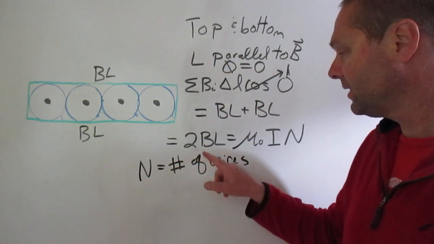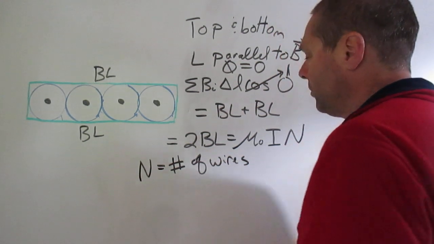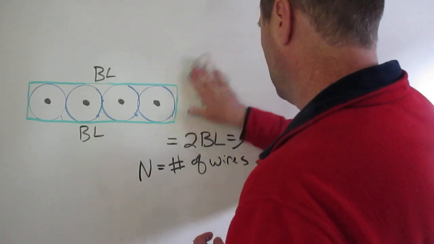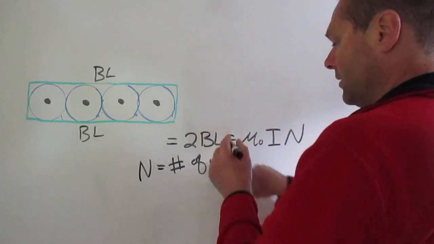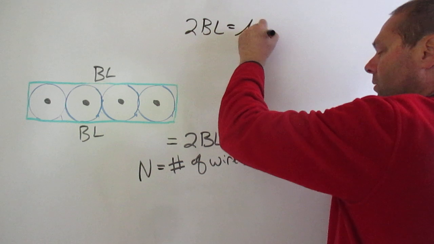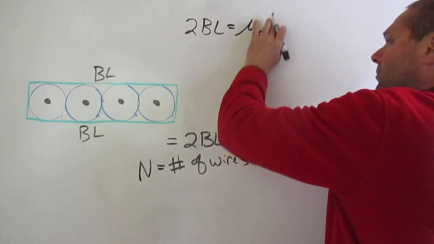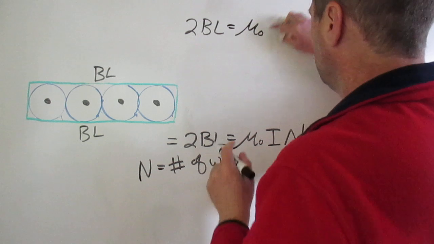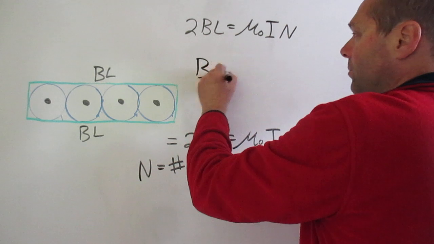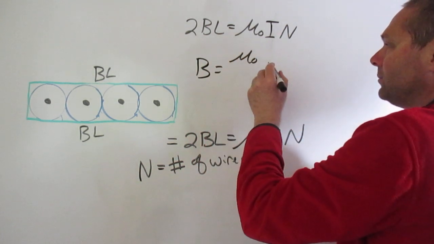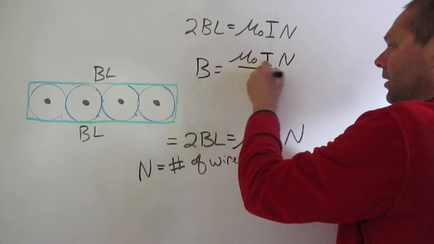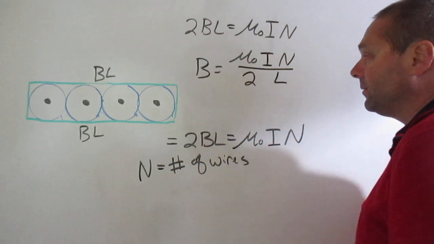So let's solve this now. I'm going to erase this up here so we have a little bit more room to write. All right. So we're going to take 2BL is equal to mu naught I N, and we're going to solve this for B. So our B becomes equal to mu naught I N, all upon 2L.